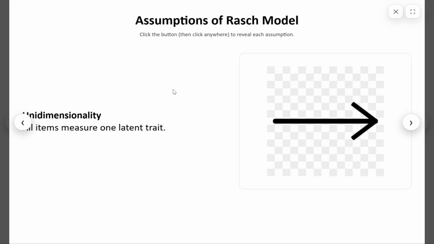So if we want our exam to be Rasch fit, we need to design it in a way that doesn't disturb these assumptions. The first assumption is unidimensionality. The test items must measure one latent trait. So the test as a whole must measure one latent trait.